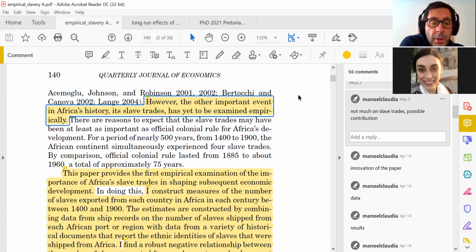Up to that point, not a long time ago, there was very little economic literature covering the effect of the slave trades on African development. So essentially he is telling us what his contribution is, what he is adding to this literature. Okay.